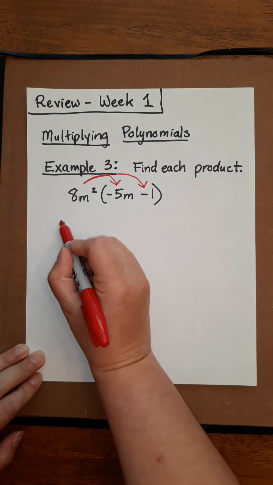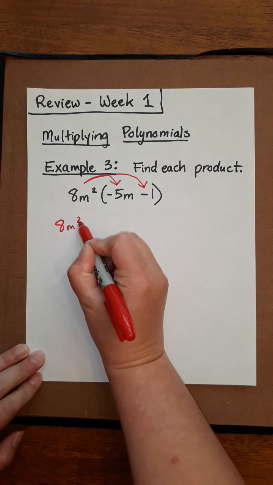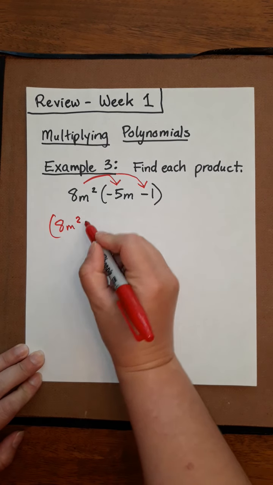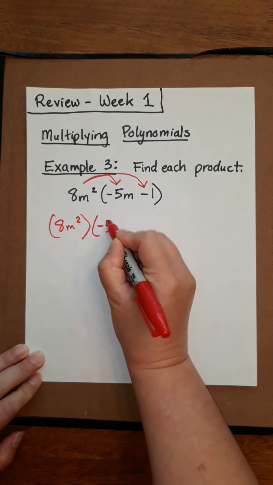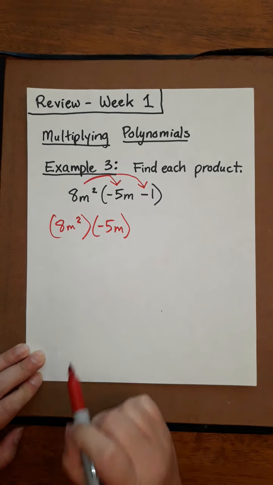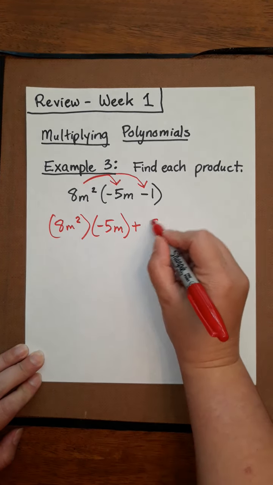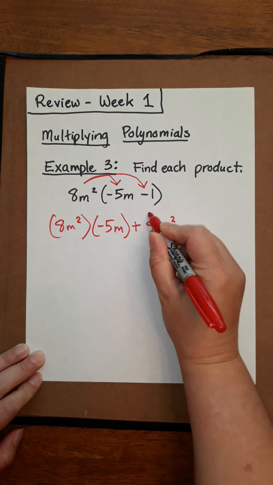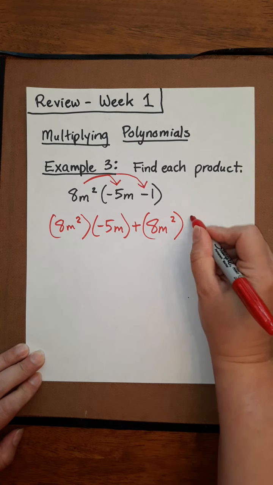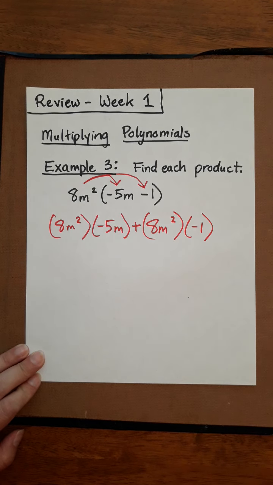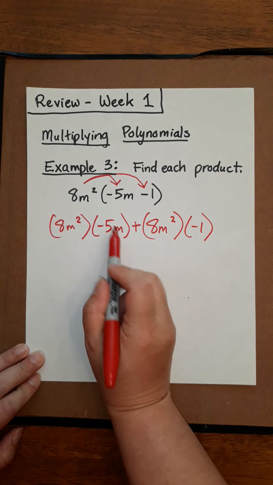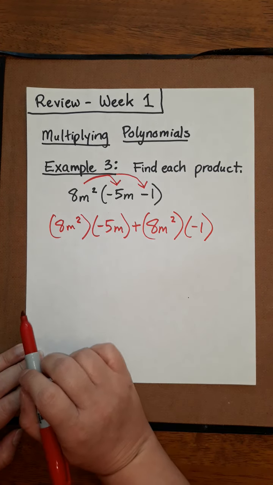So we're going to say 8m^2 times negative 5m. And remember, we're always going to add our exponents. Then we're going to say 8m^2 times negative 1. So with each term, we're going to multiply and multiply.